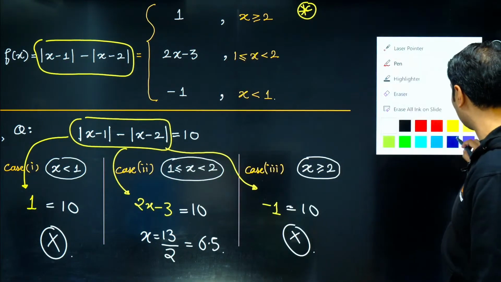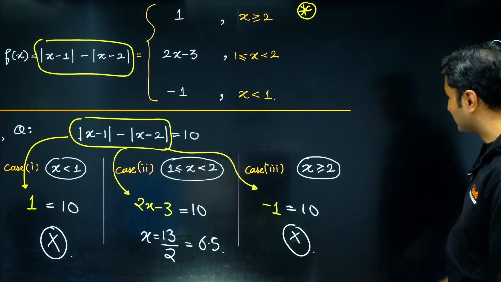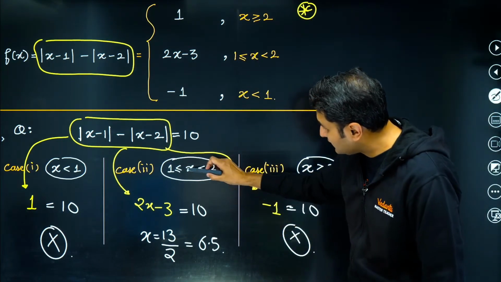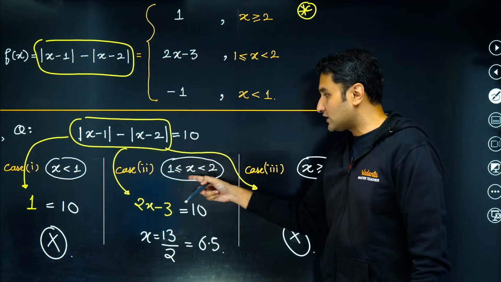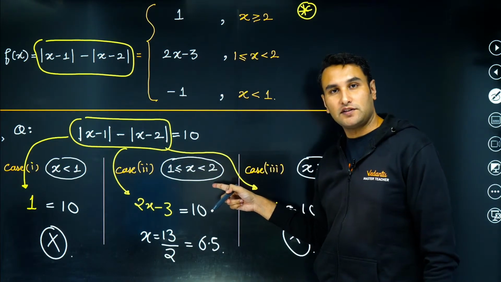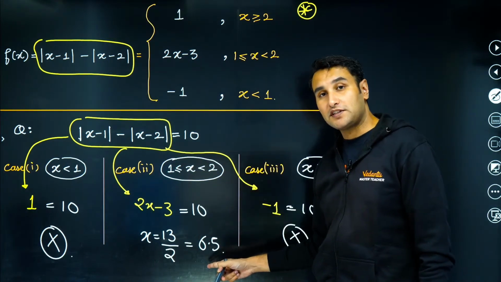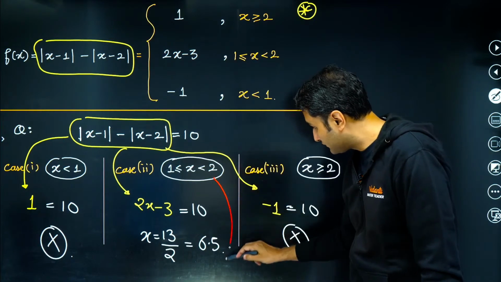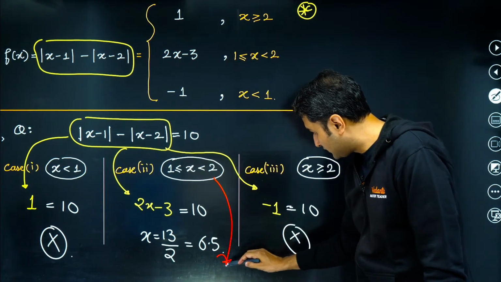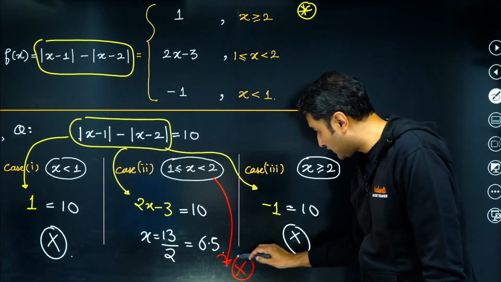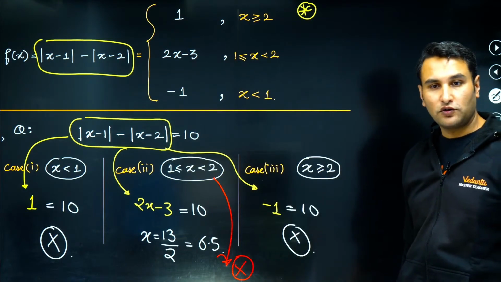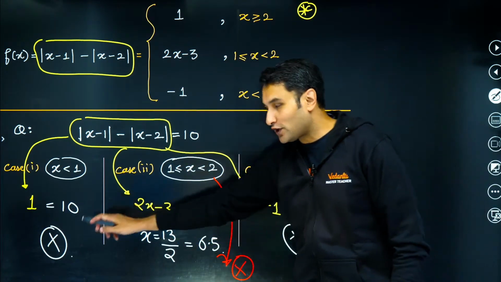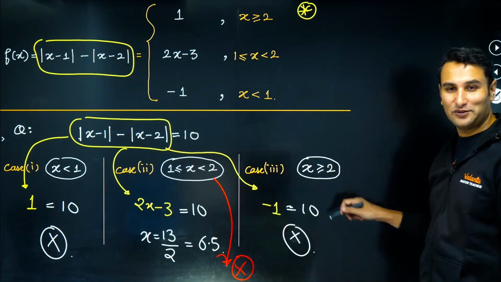Reject. Did you understand this? This case was created for x lying between 1 and 2, but x is coming out to be 6.5, which implies no solution here as well. So no solution here, no solution here, no solution here.